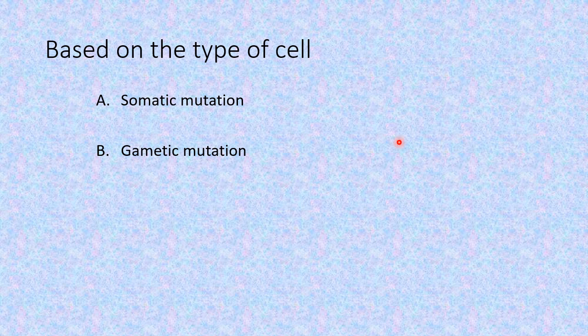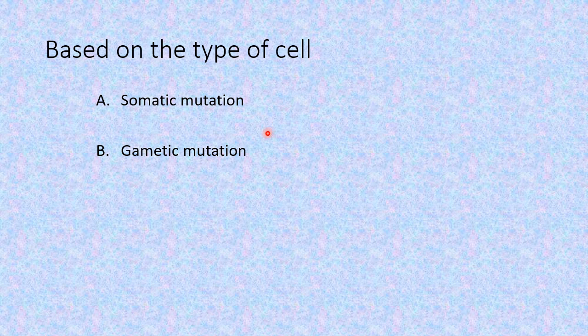Although these mutations are carried from one cell to the cells that are produced by the mitotic division of that cell, they are not carried from one generation to another. They are not carried in the gametes. So that type of mutation, which is limited to that particular generation because it takes place in the somatic cells, is referred to as the somatic mutation.